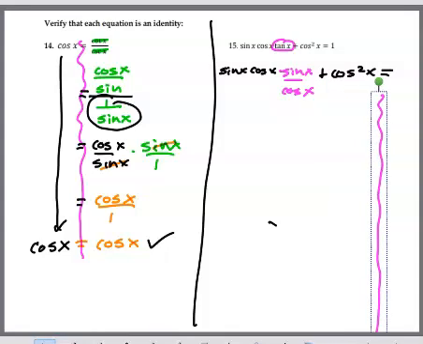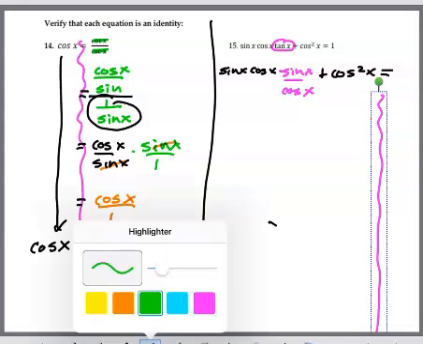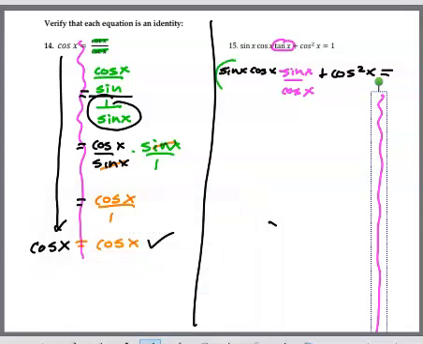Okay, now just again, remember this is all one term here. This is one term here. Terms are separated by plus and minus signs. So anything in that left circle there can be crossed off top to bottom. And I notice that cos over cos can be crossed off.